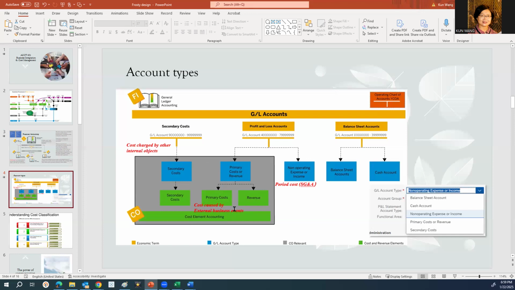Primary costs, as defined by SAP, are the cost items caused by external business events, such as buying material from vendors, paying labor expenses to employees, or paying the utility expense for your manufacturing industries, or insurance expenses, property tax for the manufacturing facilities. So when those expenses happen, they will be captured by the primary cost accounts.